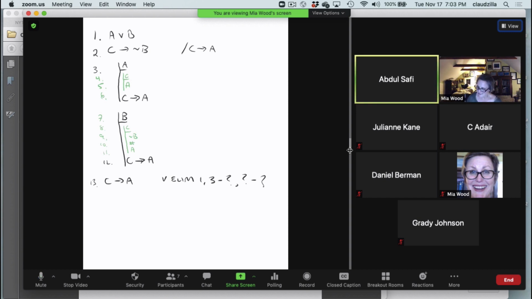I guess the Logic Adventure book doesn't like the reiteration rule because they never use it. They always try to get around it. One of the things, and it's not of particular use to you right now, so indulge me if you would: we don't use reit very often.